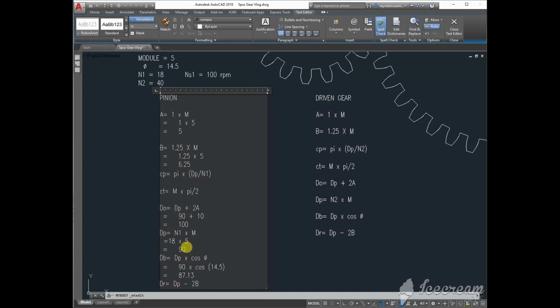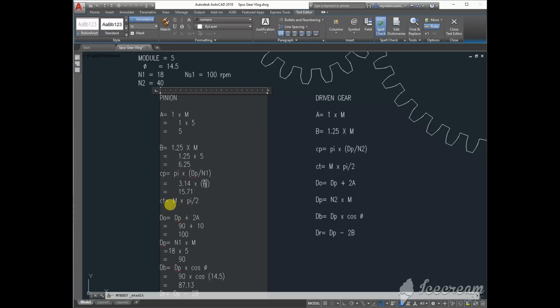Now for the CP, or circular pitch, this is equal to pi, which is 3.14, times the pitch circle diameter of 90 divided by 18, and this will be equal to approximately 15.71.